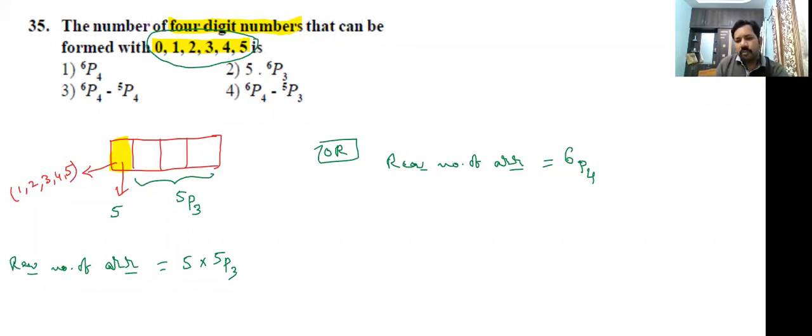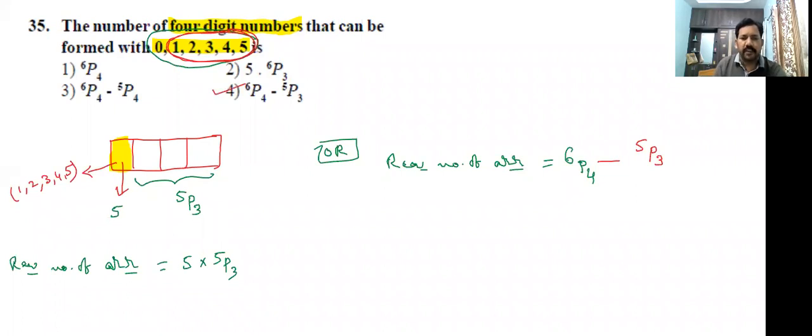So out of the total, some 3-digit numbers are there. By using 1, 2, 3, 4, 5, we form the 3-digit numbers, that is 5p3. So the required number of 4-digit numbers is 6p4 minus 5p3.